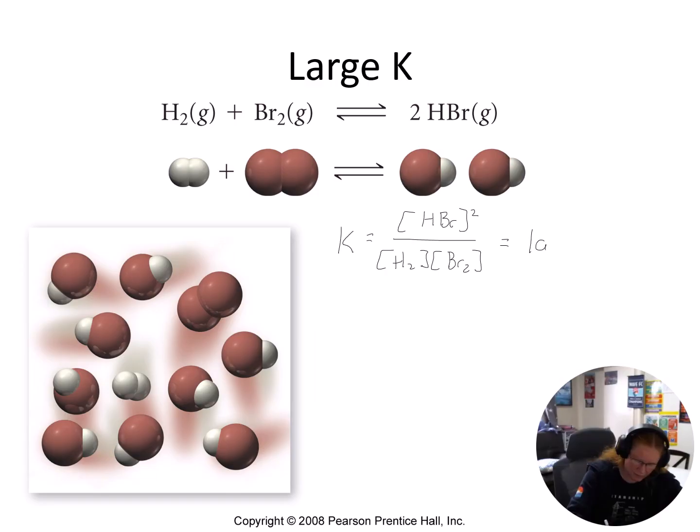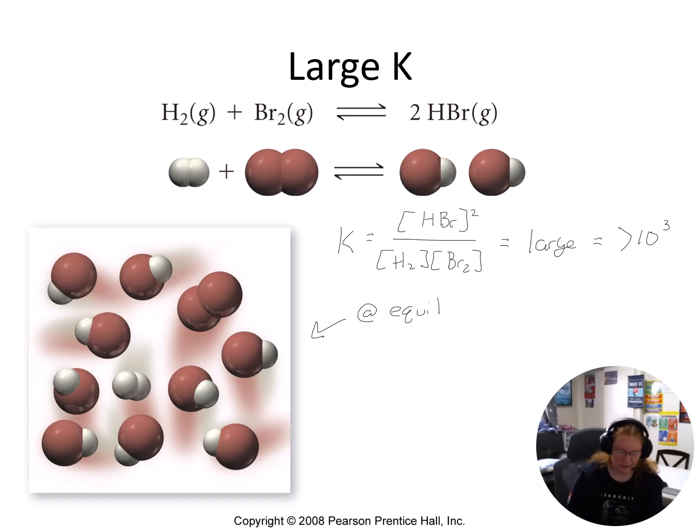And this is large, so it's going to be greater than 10 to the positive third. When I look at this, my reactant particles are the white and the brown, and my product particles are the white and brown hooked together. So this is a snapshot of the system at equilibrium.